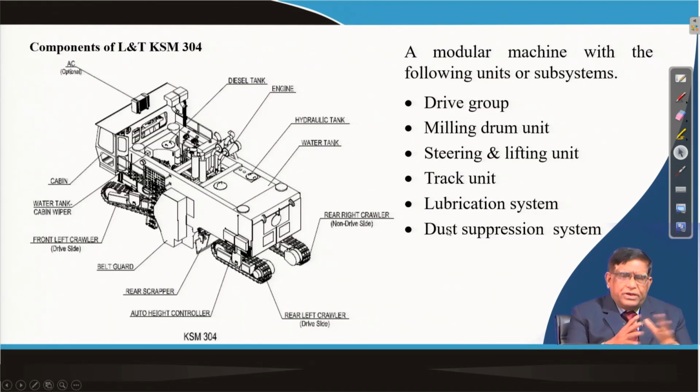Here is a picture, you can see the machine which is manufactured at Kanchbahal in Orissa, that is L&T's. In the front of this machine you can see that cabin, where the operator controls all the things.